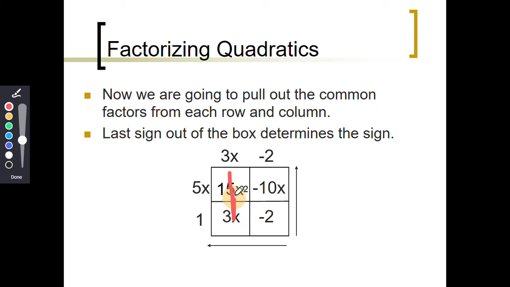In this direction here, our GCF of 15 and 3 is 3. 3 is the greatest number you can find that can divide into 15 and 3.